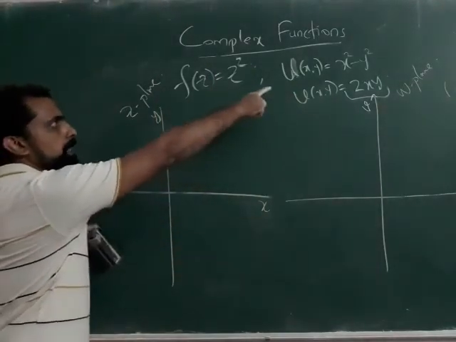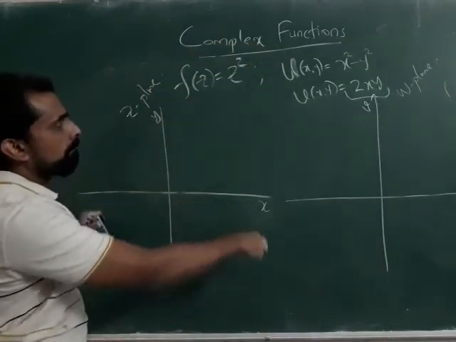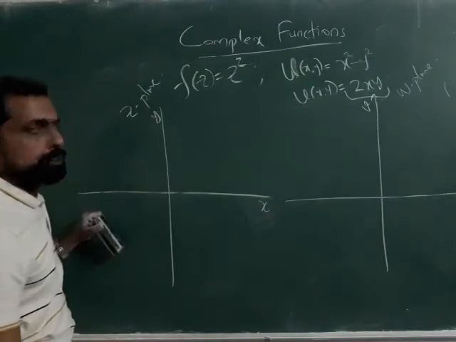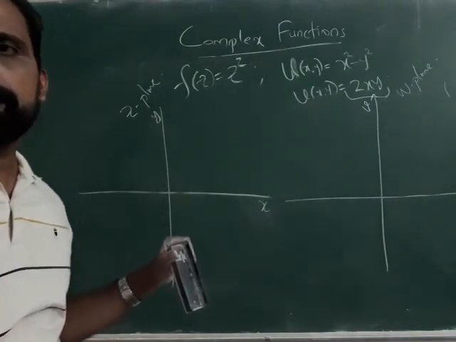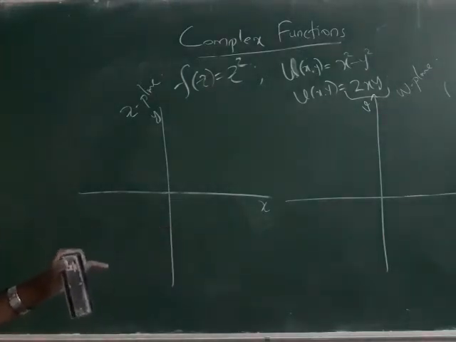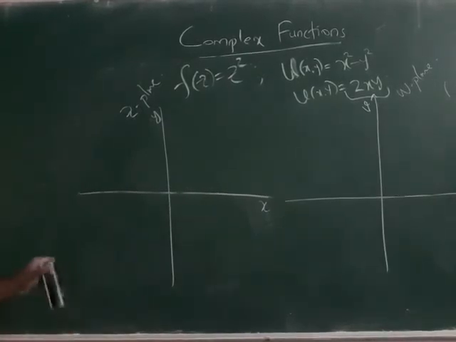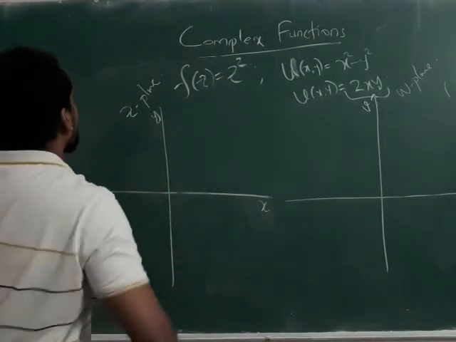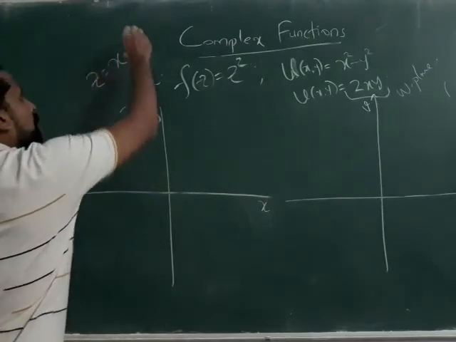This has so many values that you can take depending upon the value of x and y. So we will look at z is equal to x plus iy.